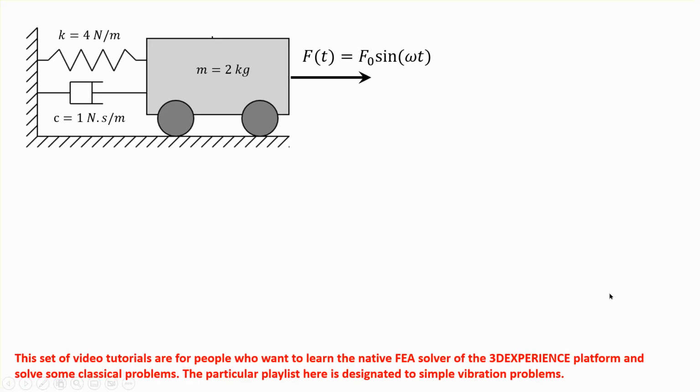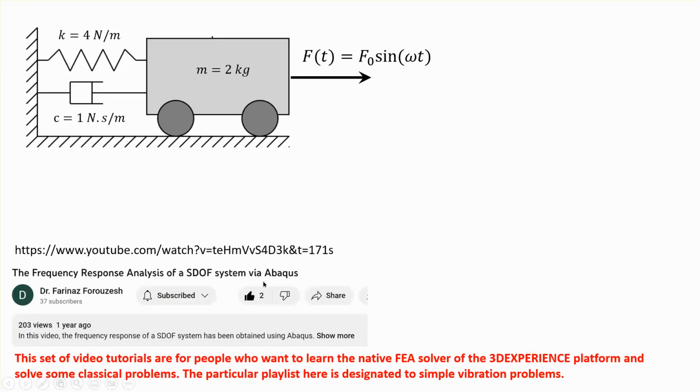The problem that I'm going to be doing is this particular single degree of freedom system, which incidentally I've taken from a YouTube channel. This professor is doing all the steps in Abaqus CAE. So if you're interested, it is a good idea to also look at the other one to see what the differences are between the interface in the 3D experience and the interface in the CAE program.